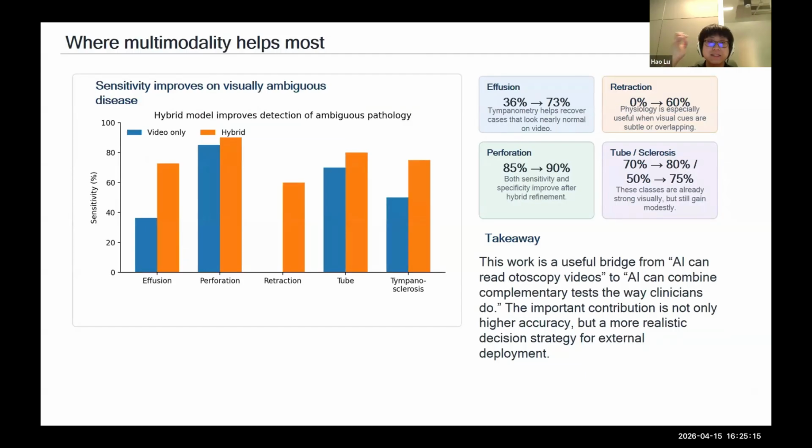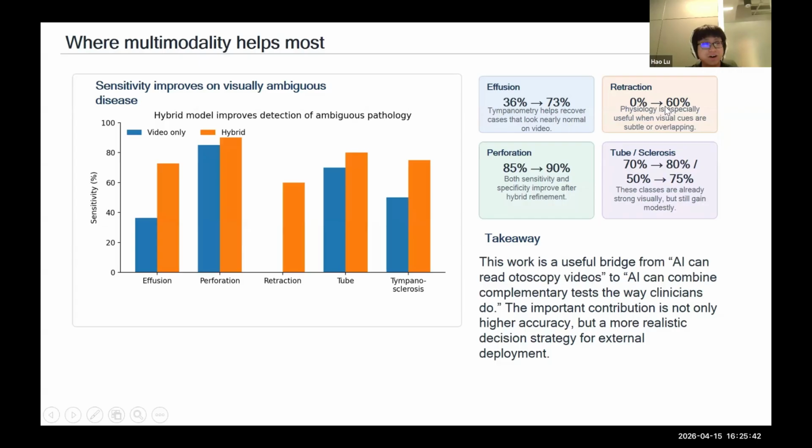And here are the details of our model. You can see the blue is the sensitivity for only the otoscope video. And the orange is the hybrid model with the otoscope video and tympanometry. You can see the sensitivity increases for all of the cases, especially for the ear effusion and the retraction.